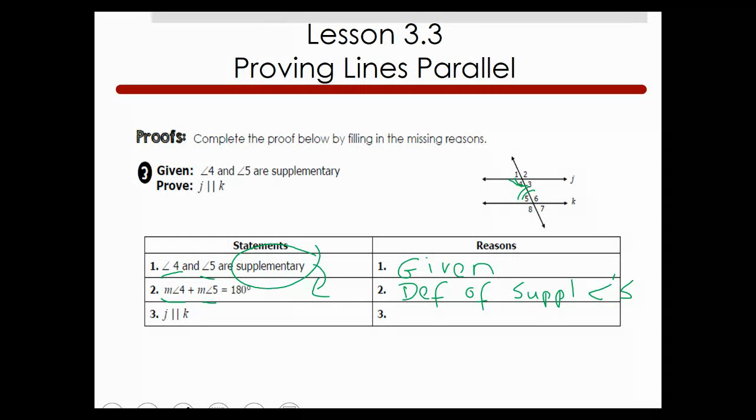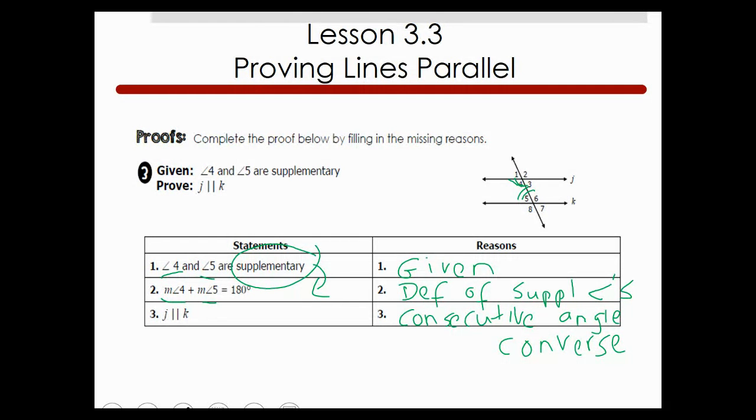So the reason, because they're 180, the lines are going to be parallel because of consecutive angle converse. Again, make sure whenever you're proving lines, you use the word converse because converse is used to prove it. So it's basically saying because they equal 180, that is why the lines are parallel.